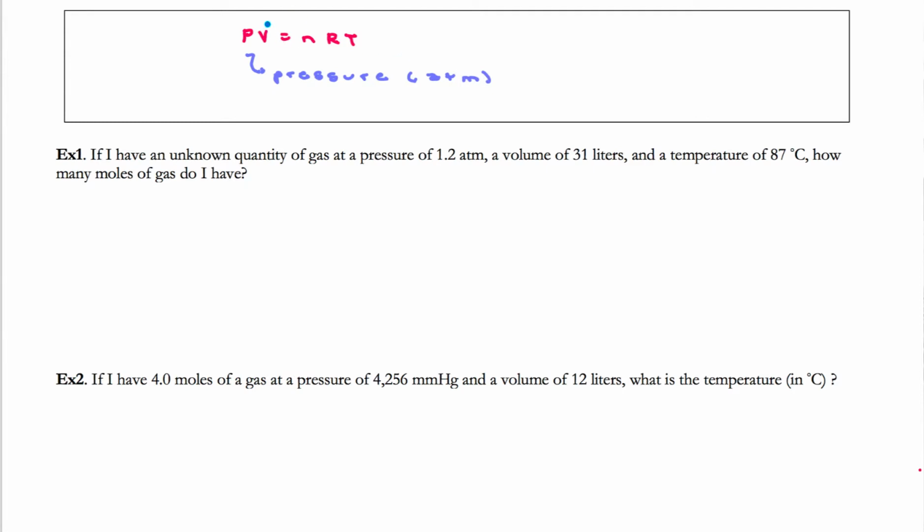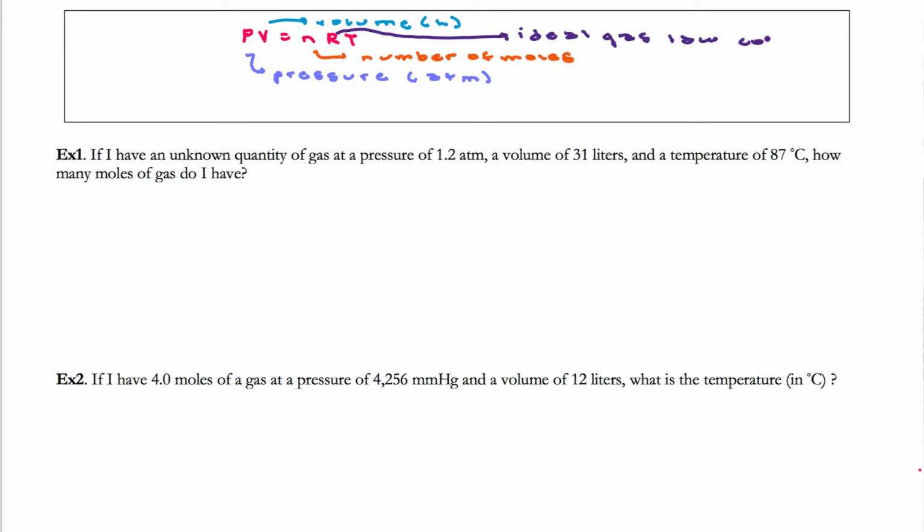My next variable is volume. My units for volume have to be in liters. N is my number of moles. R is what we call my ideal gas law constant. Now this will always be given to you, but the value for that is 0.0821, and here are where the units come in.